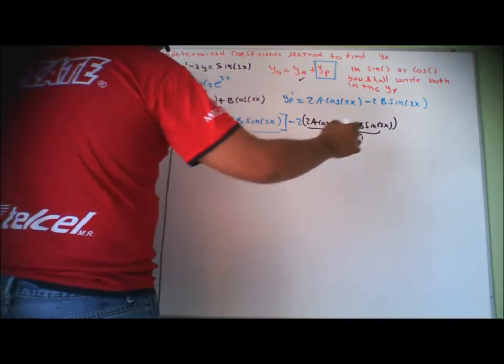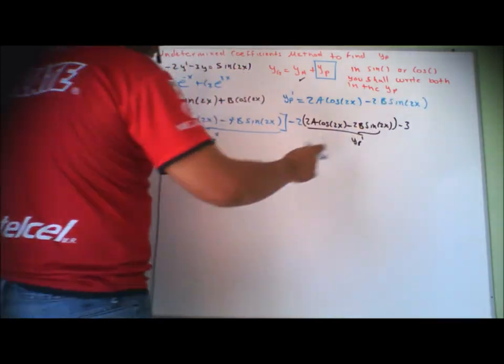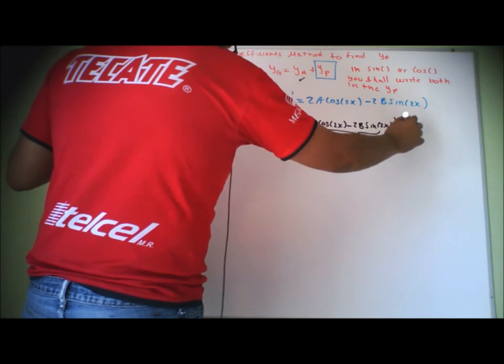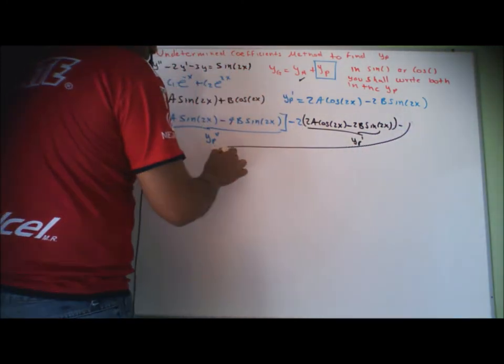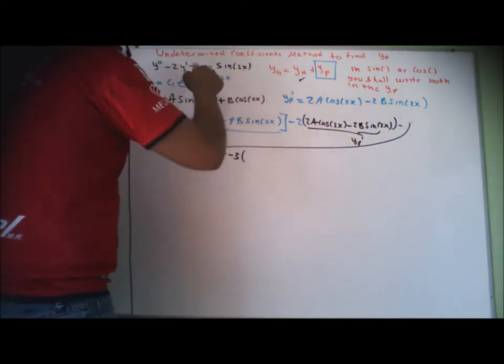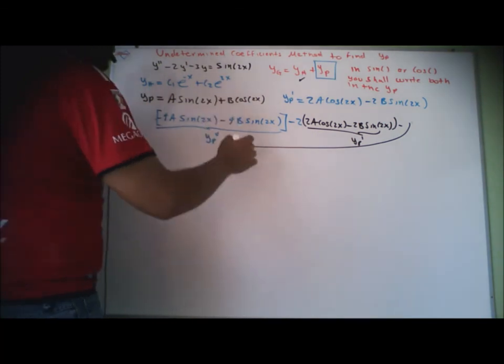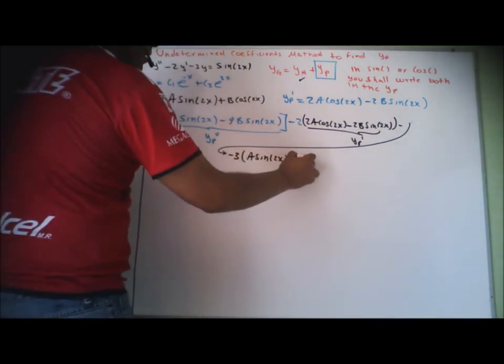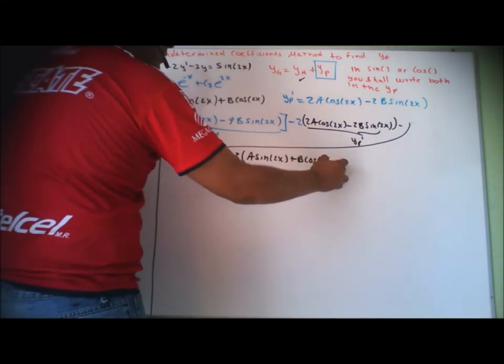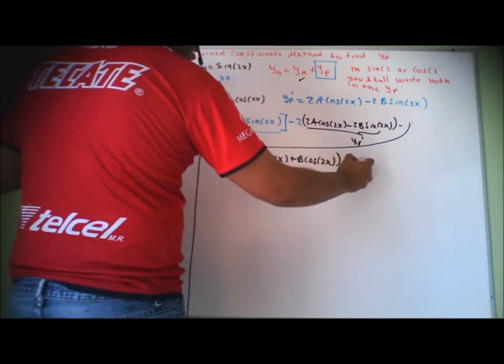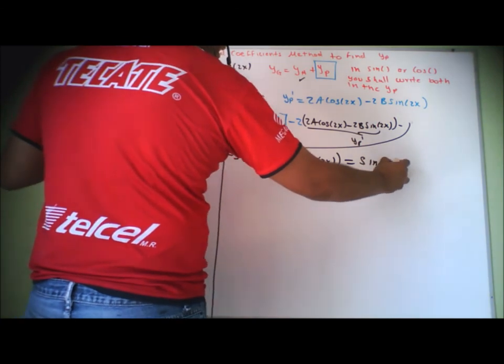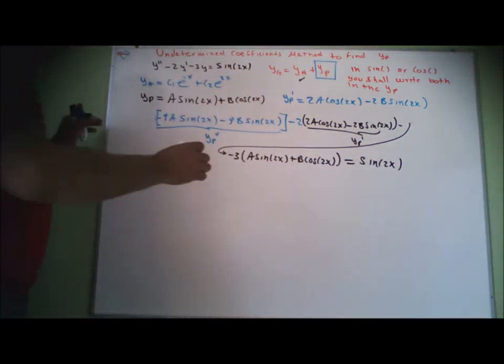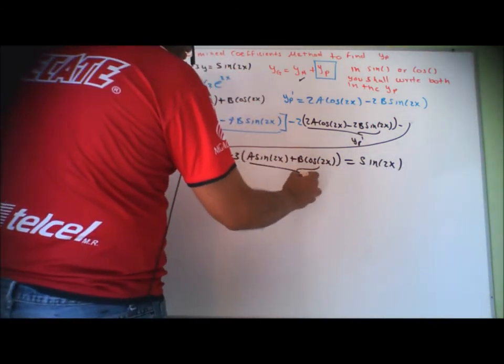And then minus 3 times the particular solution, which is a sine of 2x plus b cosine of 2x. And then this shall be equal to sine of 2x.